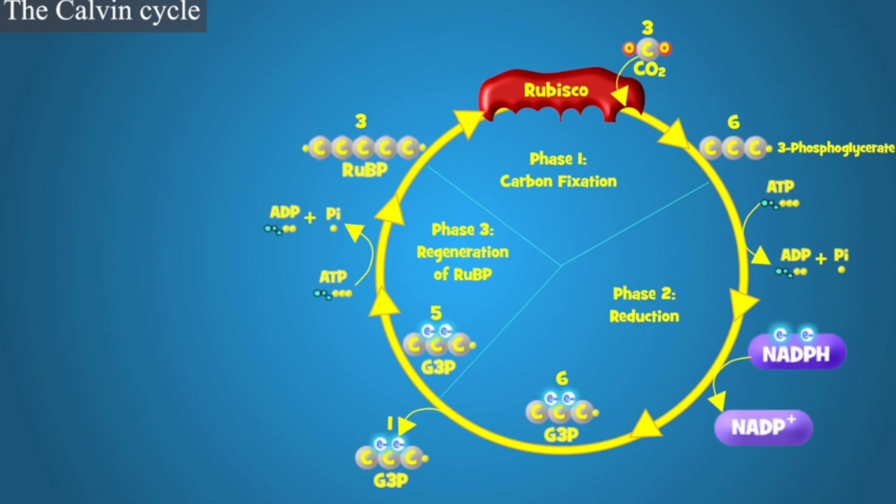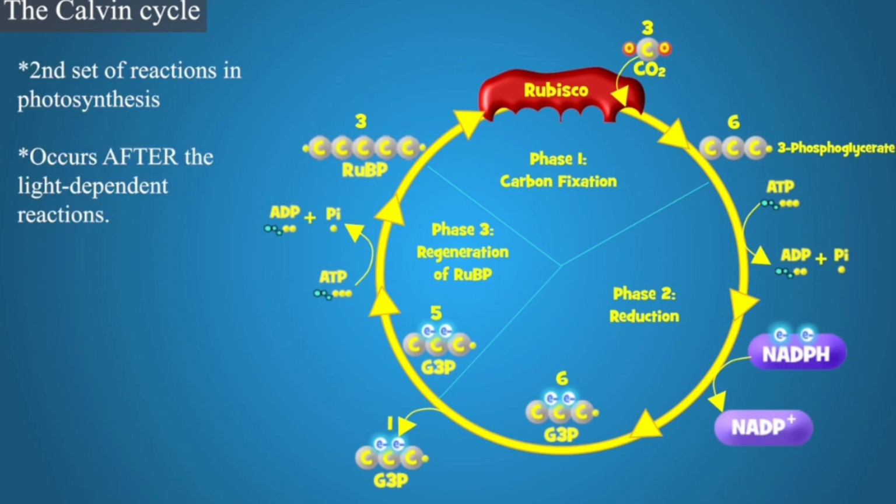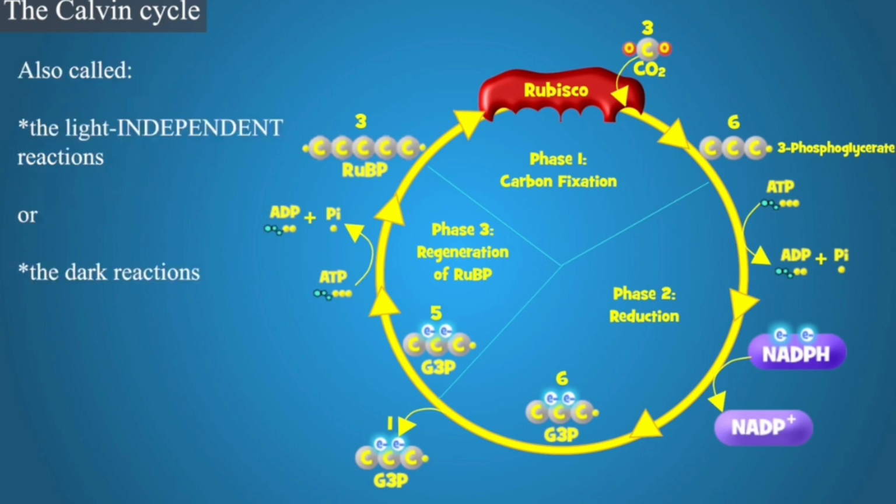Hello guys. After the processes of the light-dependent reactions, we go to the second set, what's called the Calvin cycle. The Calvin cycle is the second set of photosynthesis and occurs after the light-dependent reactions. Sometimes the Calvin cycle is called the light-independent reactions or the dark reaction because light is not directly needed to make the Calvin cycle happen.